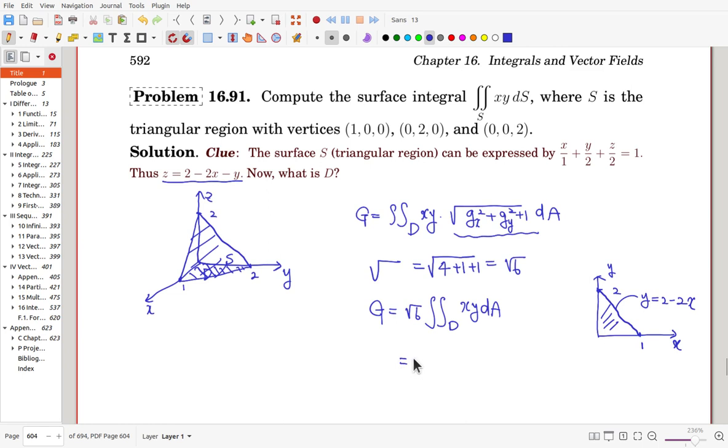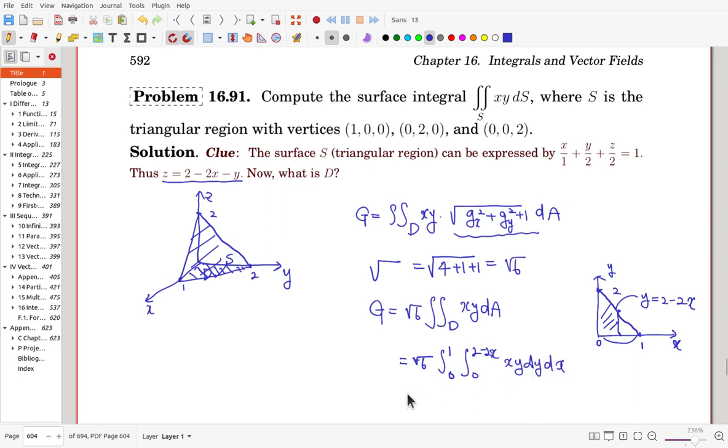So here, the constant square root of 6, and if x is the outer integral, then x will move from 0 to 1. For each x, in the y direction, vertically, the bottom y is 0, the top y is on the line. So y goes from 0 to 2 minus 2x. Now that is xy dy dx.